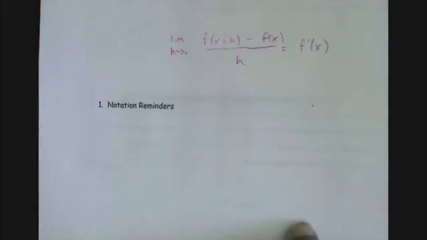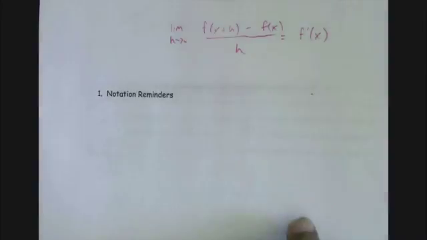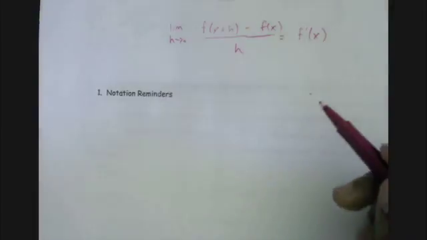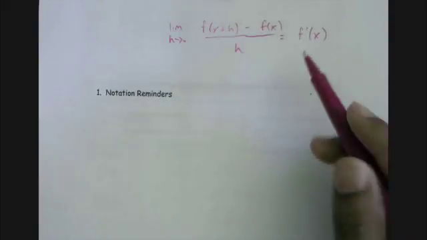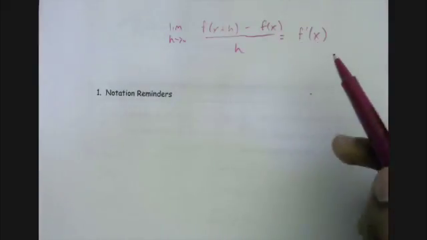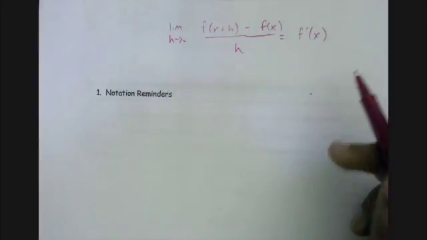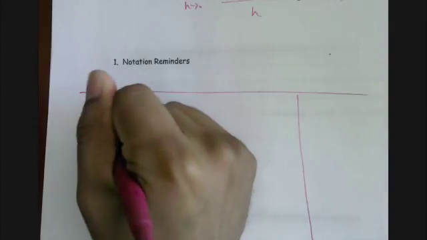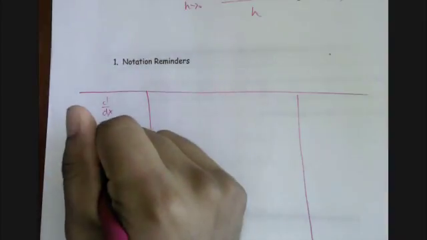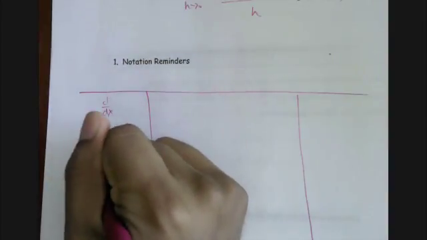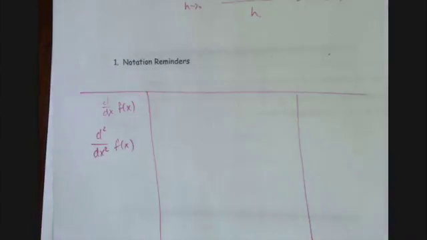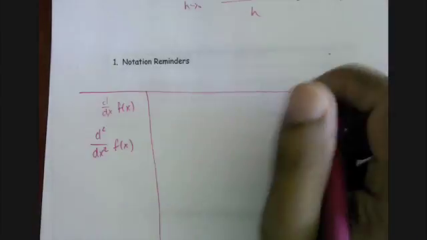Since we're going to be doing some shortcuts now, some derivative shortcuts for not only this portion of the unit but for the remainder of the year, I want to make sure that we're clear on some notation because you're not going to always see f prime of x. So what I'm going to do is make a chart, and for this first line I'll put d dx. I'm also going to put d2 dx squared, and this is going to be the most popular notation that we'll see.